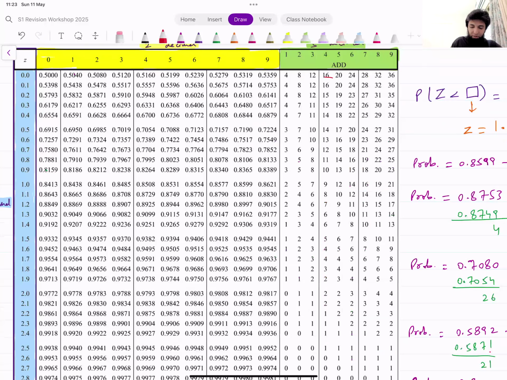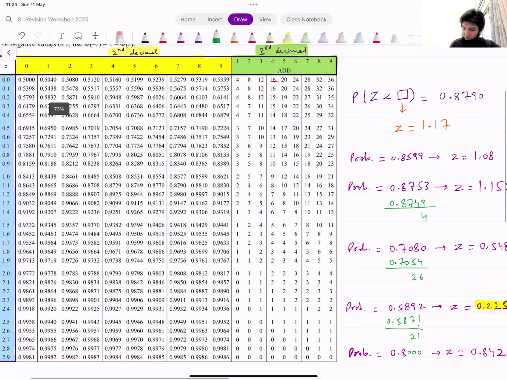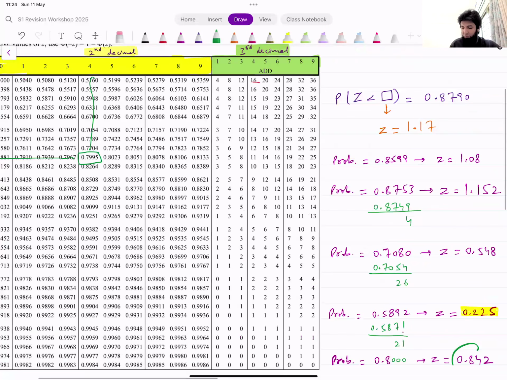If you have a probability that is not given to 4 decimal places, for example 0.8, you would think of it as 0.8000 and then search for that in the table. 0.8000 is not there. We've got 7995. The Z value corresponding to that is 0.84. We have to add 5 more to that, and that gives us 2 as the third decimal place. It becomes 842.